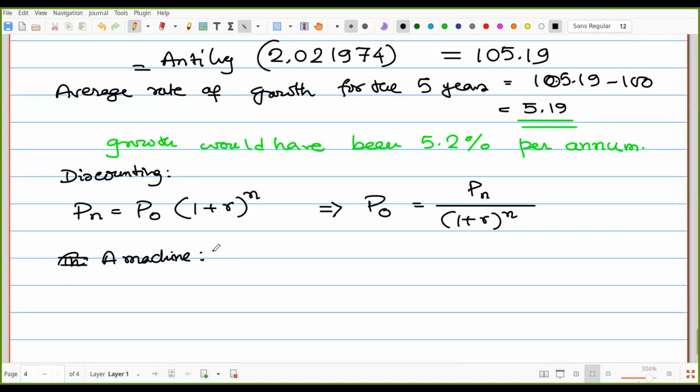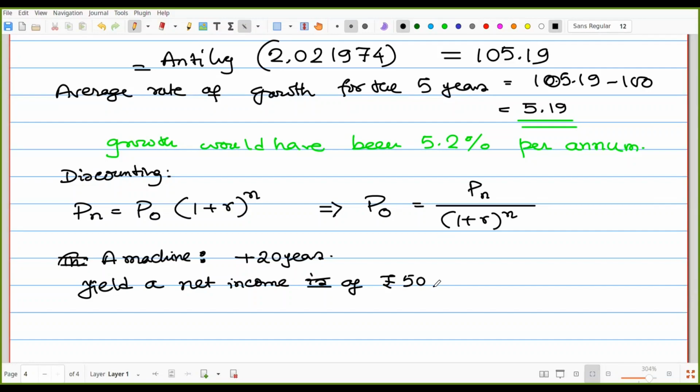Now we know that the machine can work for as long as 20 years only. For those 20 years, the machine yields a net income of, suppose, rupees 50,000, and that is per year.